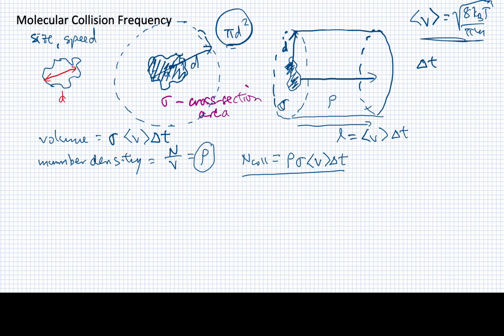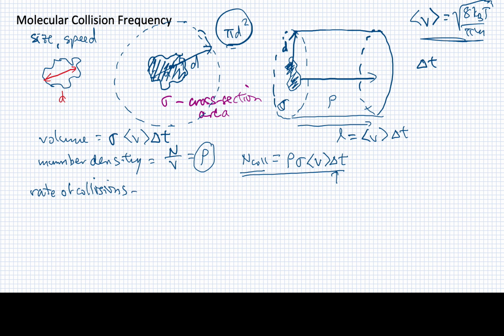What I want to define is one further thing, and we don't really want to specify a particular time interval here. It's not really the number of collisions we're interested in so much as it is the rate of collisions. So what we're going to do is define one other quantity, and that's the rate of collisions that this one individual molecule is going to undergo.